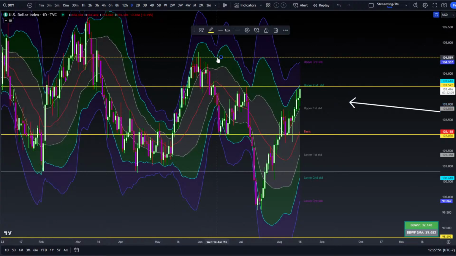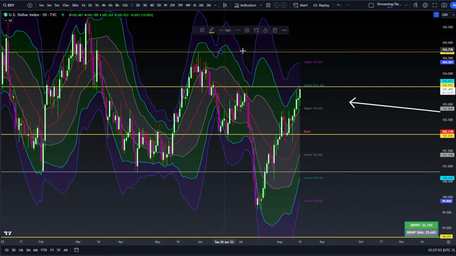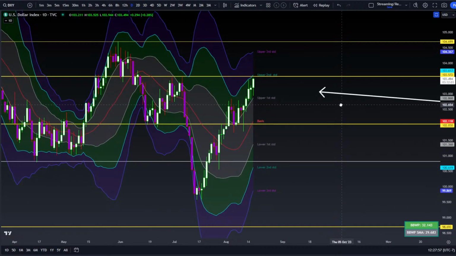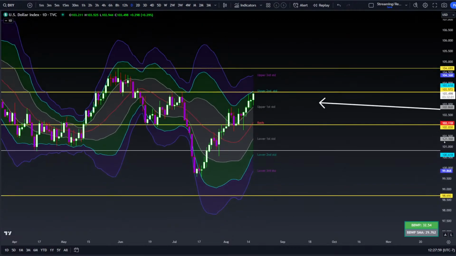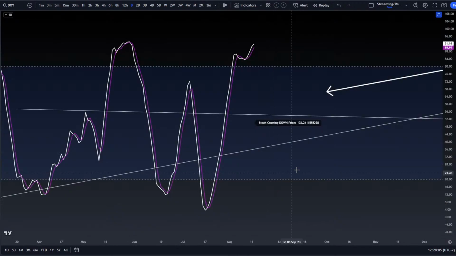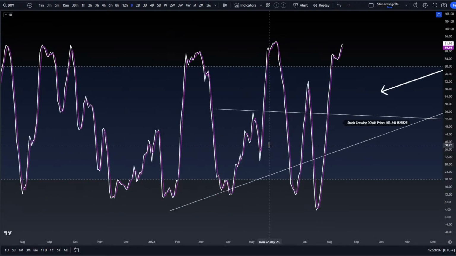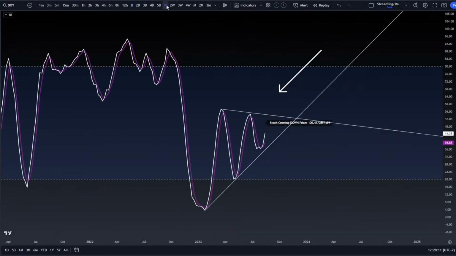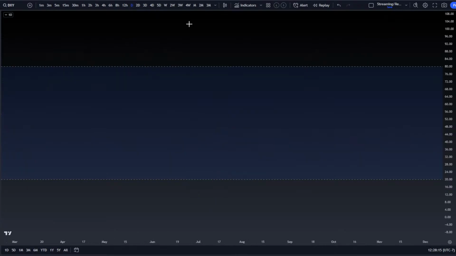And I'll just mark this, because if it does take out 104.69, nice, then we're probably looking at a much more sustained move to the upside for Dixie. But the daily still upside angled. I don't remember which time frame this was on. Was this the weekly? Yes, this is the weekly. So that's still within a weekly consolidation structure.